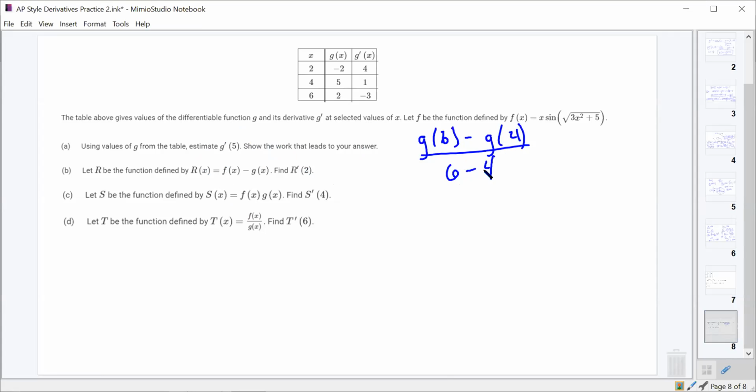We'll use the average rate of change to approximate the instantaneous rate of change. So g of 6 was 2 minus g of 4, which was 5 over 2, giving us negative 3/2. Everybody good with that? Any questions on that?